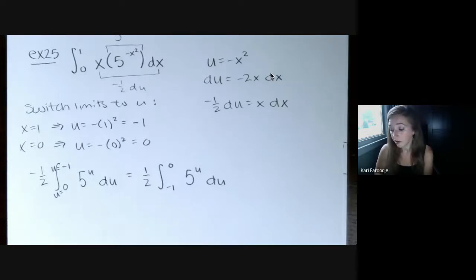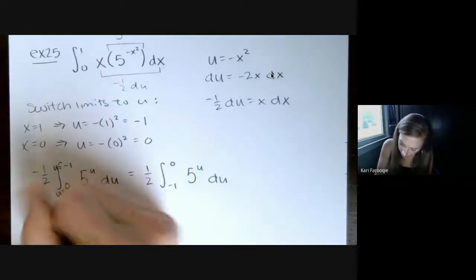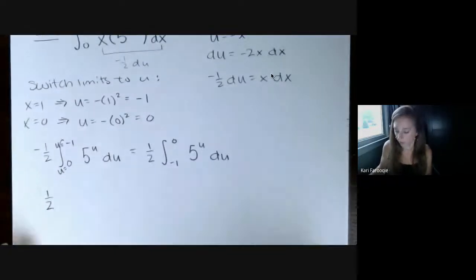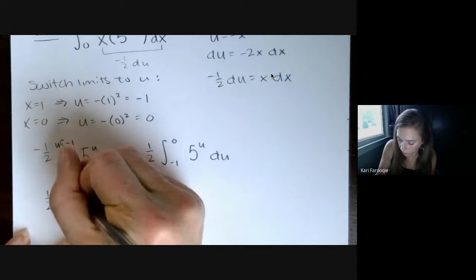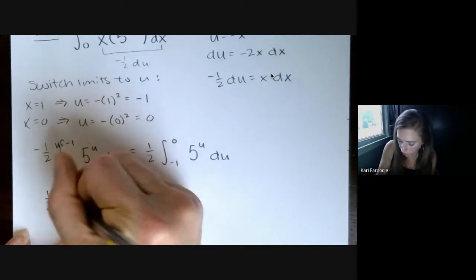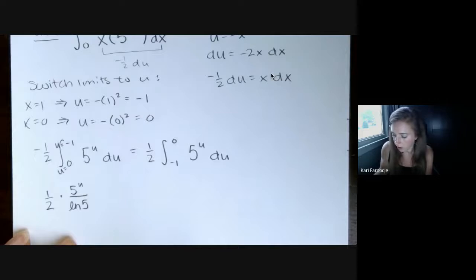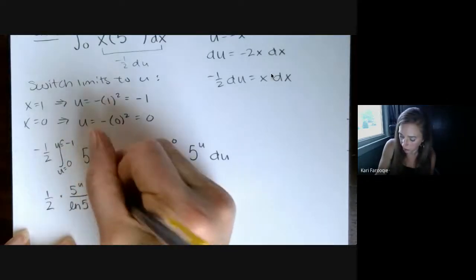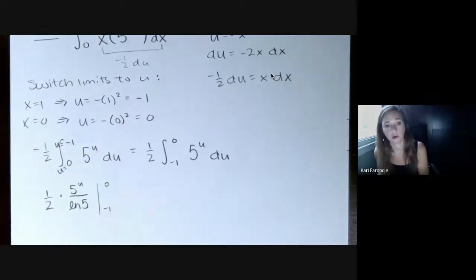And then I'm just going to apply the formula. The formula is b to the u over ln b, so this will be 5 to the u divided by ln 5, and we'll evaluate that from negative 1 to 0. Because I have the limits written in terms of u, I don't have to back substitute.